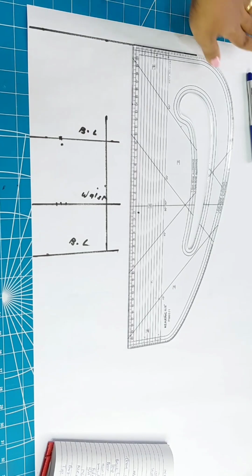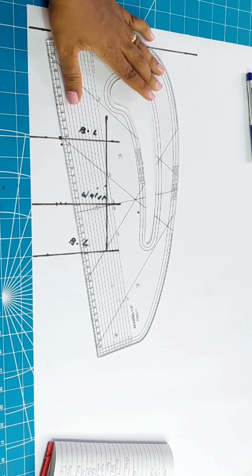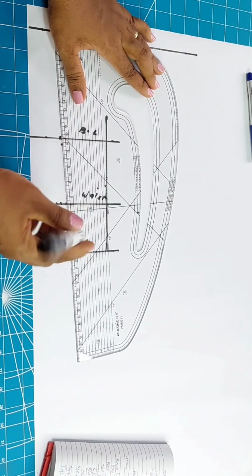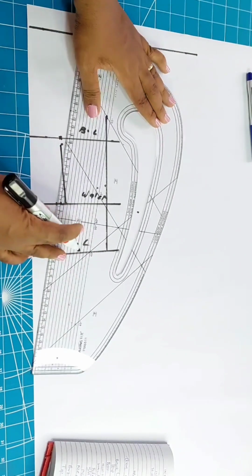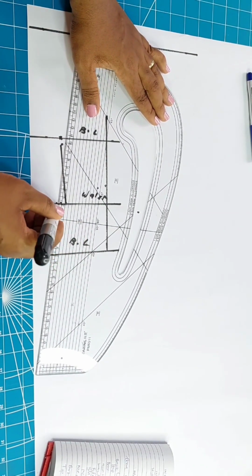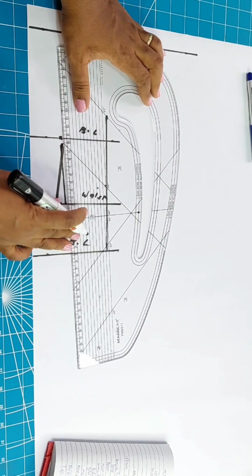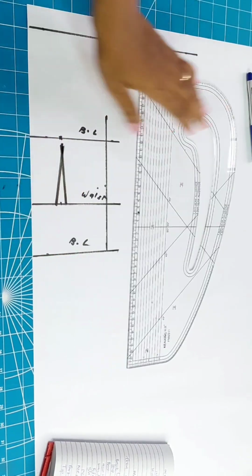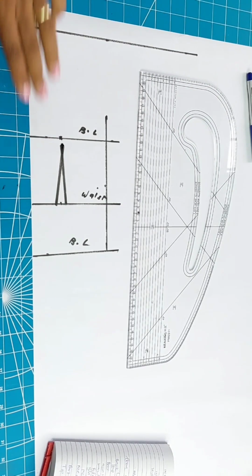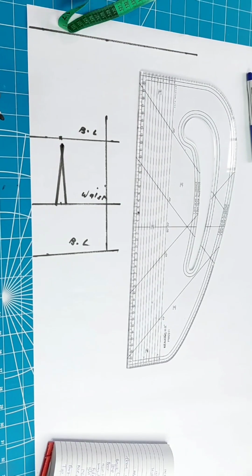Then you connect the dart leg to this new point marked under the bust. So that's what I'm doing right now. As you can see, that forms our dart, our first dart leg. We'll also, yes, I'm marking it very well.